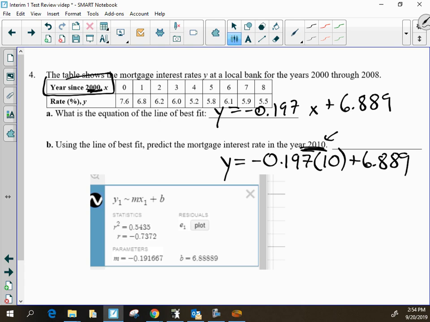And if we do that on our calculator, we get an answer of 4.919.